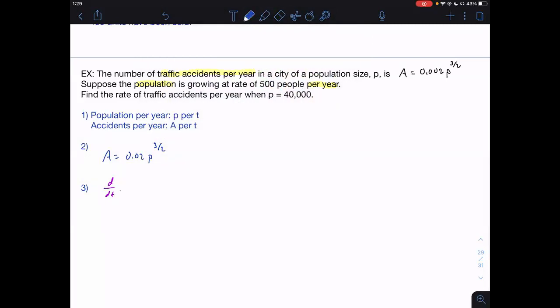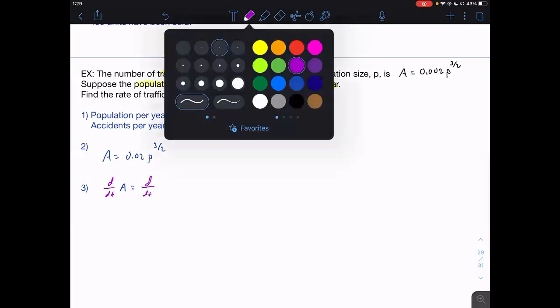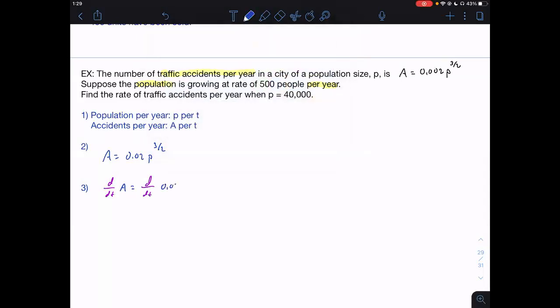So d over dt of A equals d over dt of 0.002, all attached by multiplication, P to the 3 halves. And I'll put parentheses.